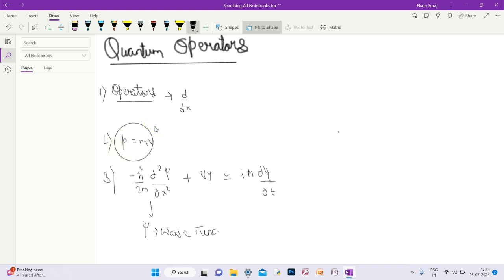There is an indirect way to know about the momentum and any other physical quantities, maybe the kinetic energy of the particle, or the potential energy of the particle if it exists. So you got the wave function, and wave functions contain some mathematical entities.